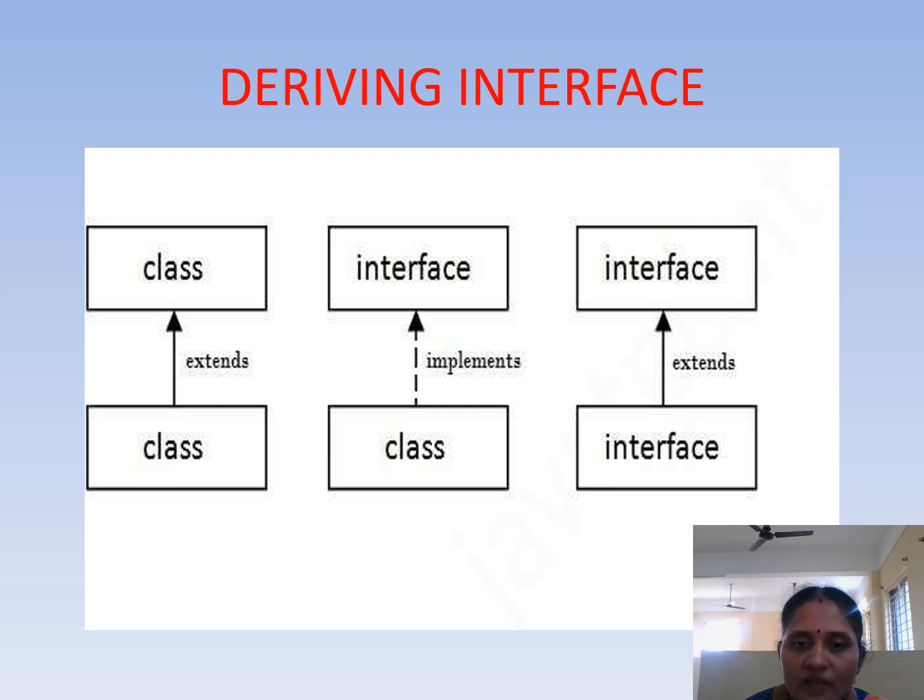But if a class is implementing the interface, the implements keyword will be used. The interface contains the abstract methods, the definition of the methods will be available in the class, and the implements keyword is used to implement the interface.